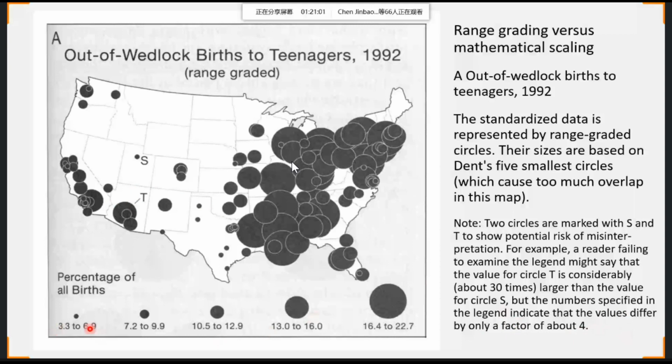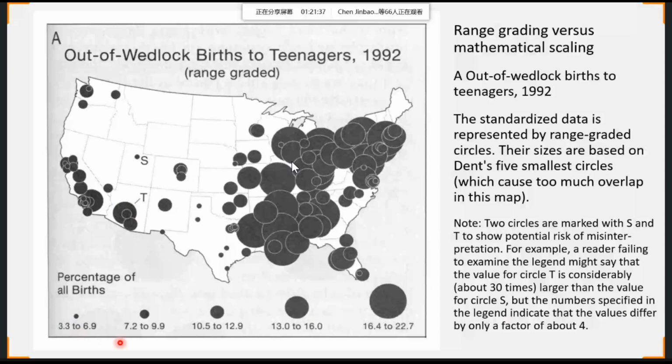So if you check out the numbers here carefully, then you will see this is not the case. So it's this class here for S. S is Salt Lake City, and T, I don't know, it's Tacoma, or I'm not sure about that city. But the point here is you have quite a small number, from 3.3 to 6.9% of all births are out of wedlock births to teenagers.